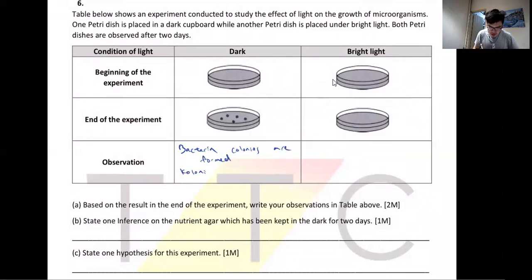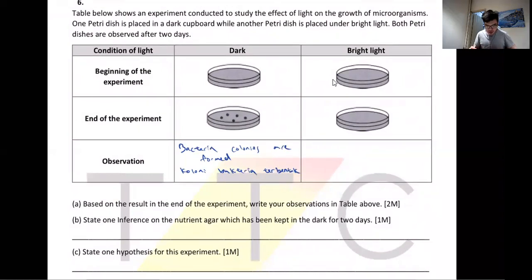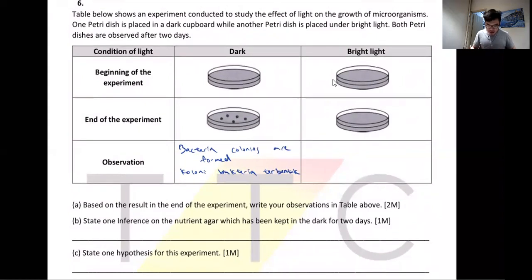Okay, so we have bacterial colonies there. And for bright light, okay, it stayed clear. There's no bacteria.